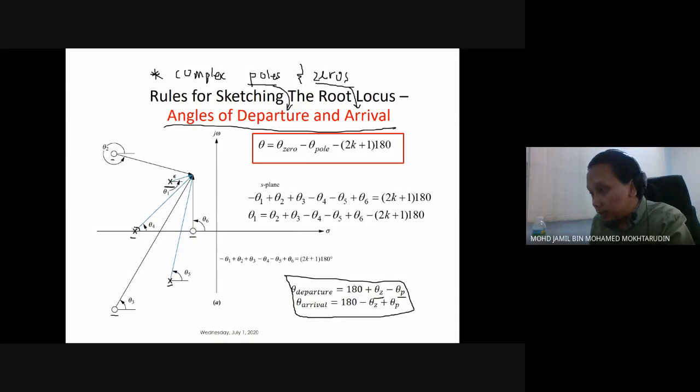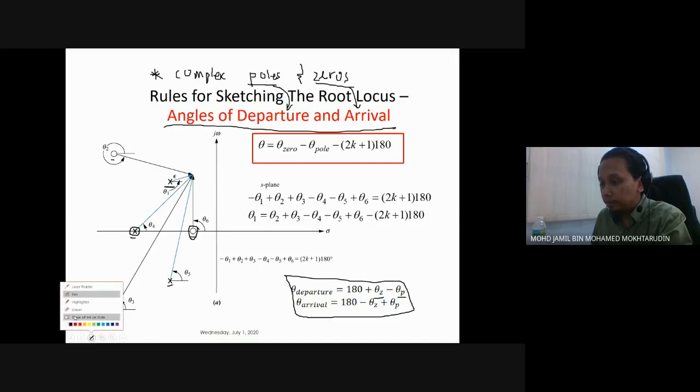So this pole here has no angle of departure or arrival. Same for these zeros. There is no angle of arrival for this zero. So these two, pole and zero, have no angle of departure and arrival.